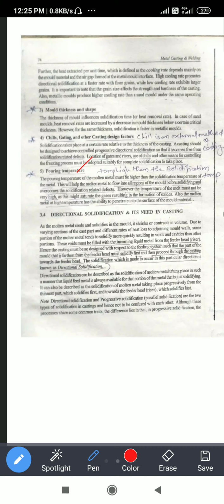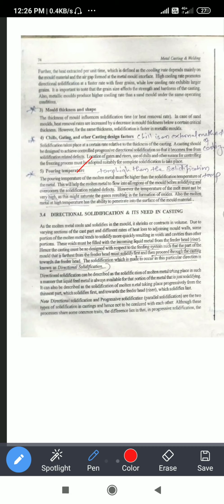Due to varying sections of the cast parts and different rates of heat loss to the mold walls, some portions of the molten metal tend to solidify more quickly than other portions, resulting in voids and cavities.